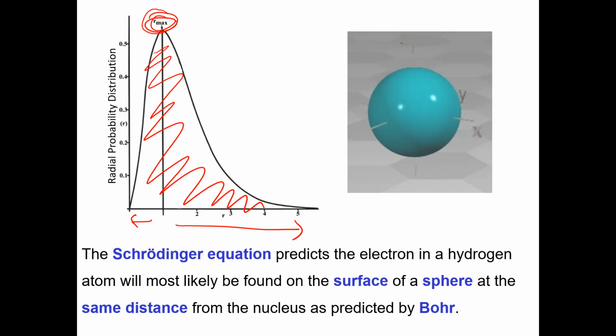But the Schrödinger equation predicts that the electron in a hydrogen atom will most likely be found on the surface of a sphere, and it's at about the same distance as what the Bohr model predicts for the n equals 1, n equals 2, n equals 3 level, etc. So it does everything that the Bohr model does, but a little bit extra, right? It includes that fuzziness because the electron is better described as being a wave when the electron is moving around the nucleus of the hydrogen atom.